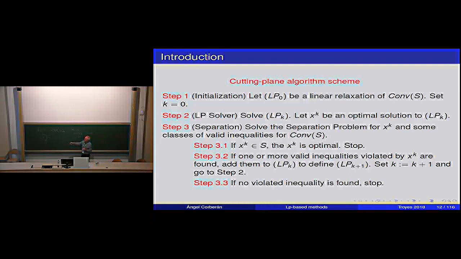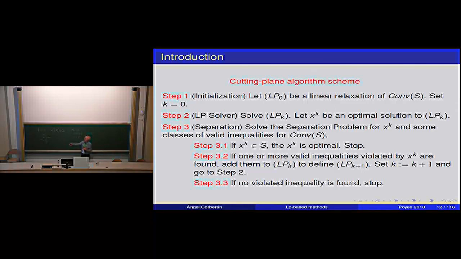Then, if the optimal solution of the linear program is a solution of our problem, usually it is enough being integer, in that case, this is the optimal solution of our problem and we stop.